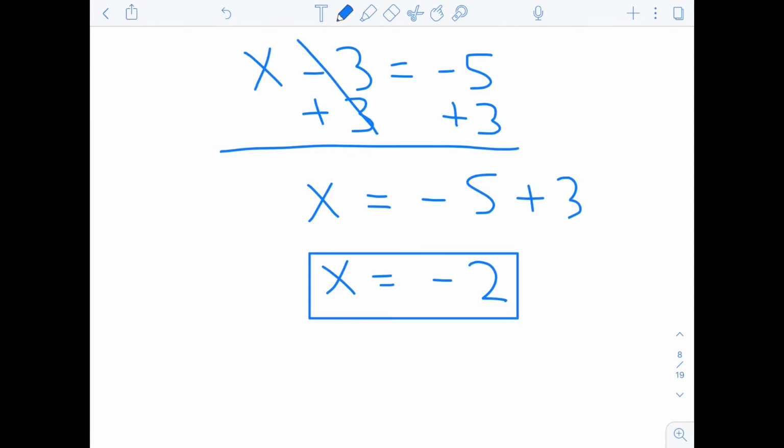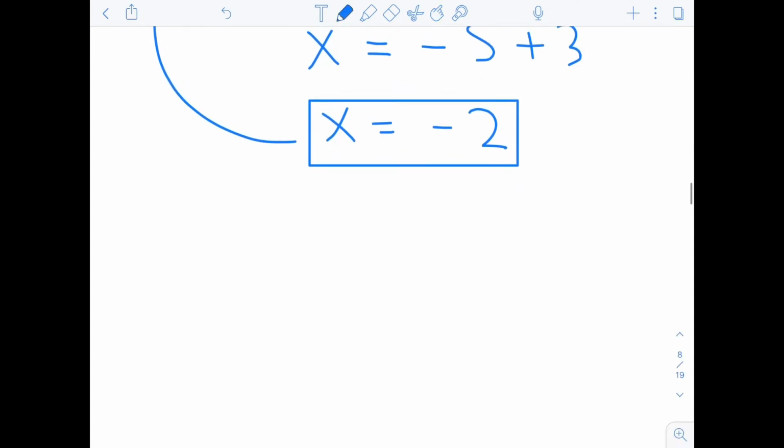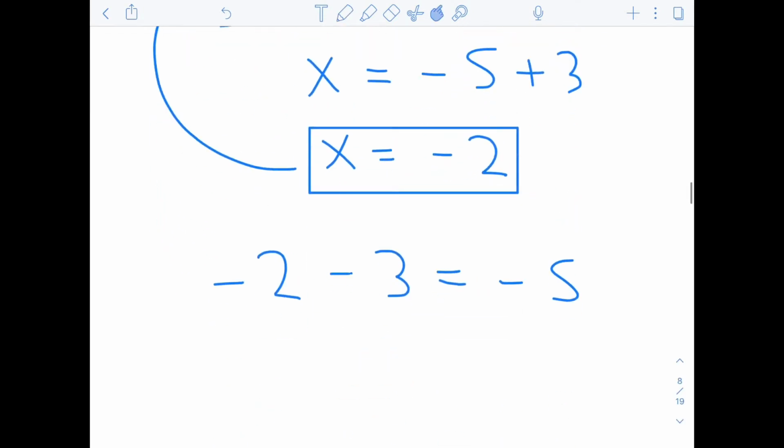You might be wondering, how do I know if my answer is correct? How can I check my work? To check your work, we could substitute negative 2 for x. So you could write negative 2 minus 3 equals negative 5, because instead of x, I just wrote negative 2 since they're the same thing.